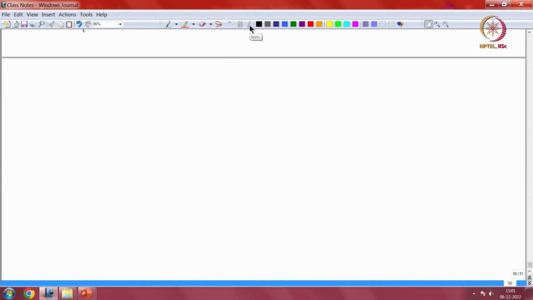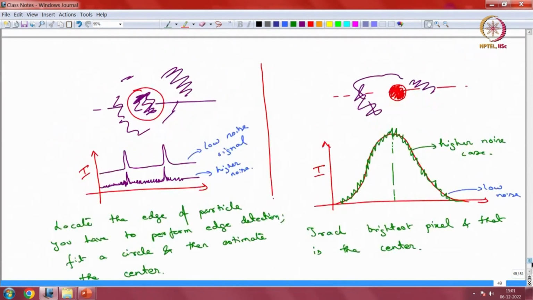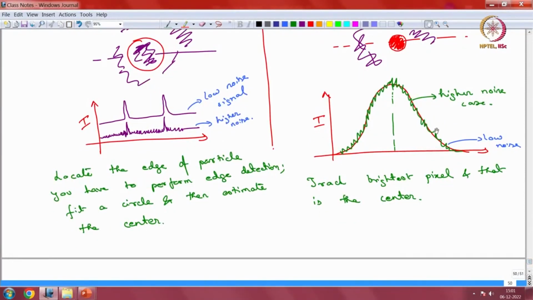Now, if you have to detect the center of the particle, you have to first detect the brightest pixel, and the brightest pixel is usually the center of the particle. So, now this particular pattern here. Okay.